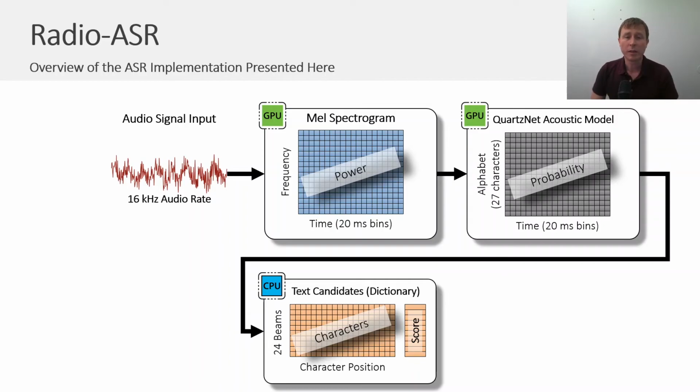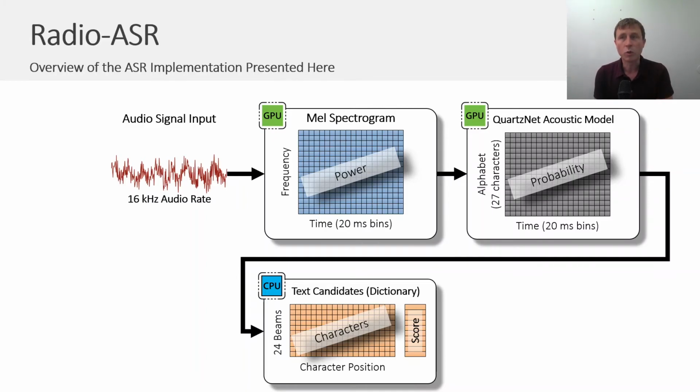So this is actually a CPU process. Currently, there's no reason why it couldn't be on a GPU, or many algorithms will combine it with the acoustic model. But at the end, what you end up with is what we call a beam of text. So each row represents a specific sequence of characters that are words that are to be looked at and fed into the language model. So you define how many beams you want to find.